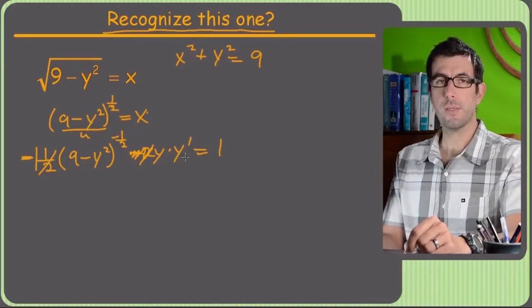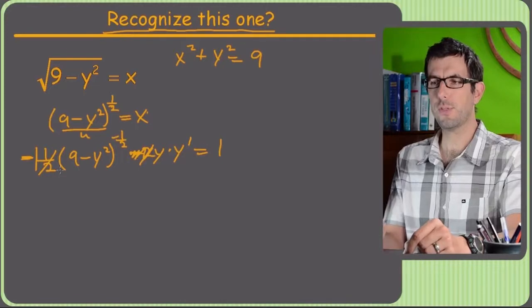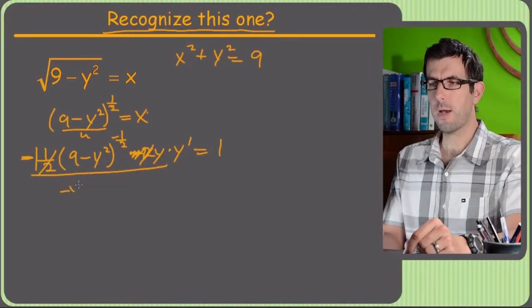And now I want to isolate y prime, right? Luckily in this problem there's only one y in the original, so there's only one y prime. So all I have to do is divide by all this stuff: divide by negative y times 9 minus y squared to the negative 1/2.